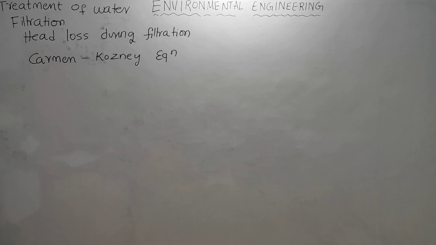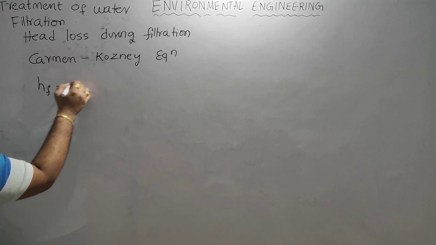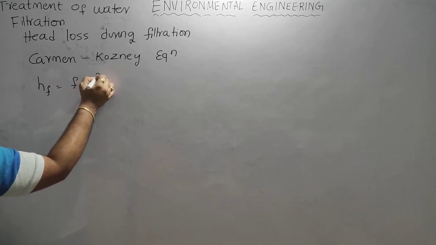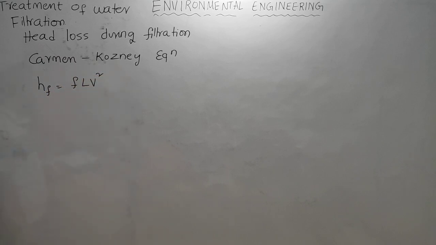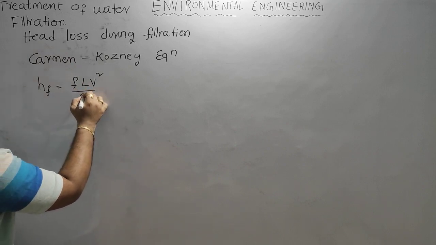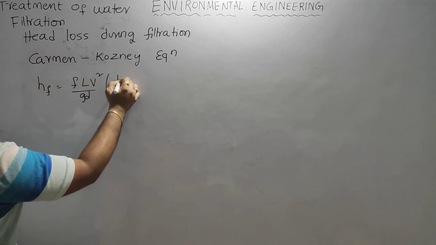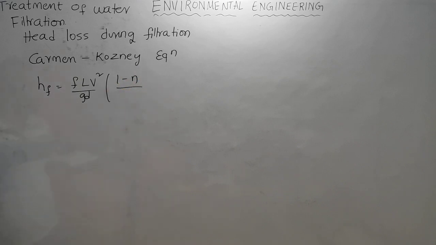So HF is equal to FL V square by GD into (1 minus N) by N cube. You might have learned FL V square by GD in your fluid mechanics.